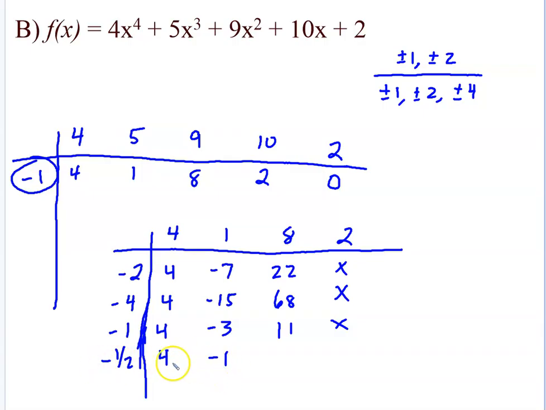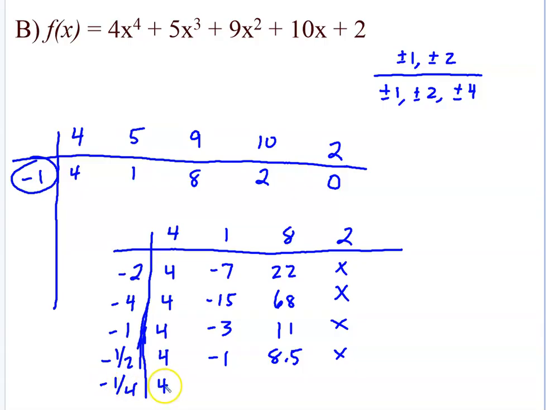This is +1/2 times 8, plus 8, sorry, +1/2 plus 8 is 8.5. Okay, and it looks like I'm not going to get a 0 there as well.